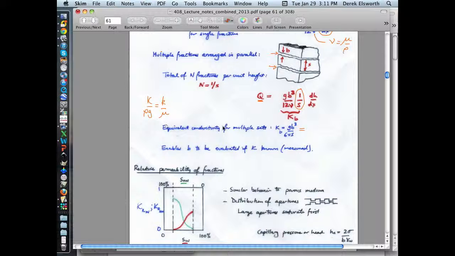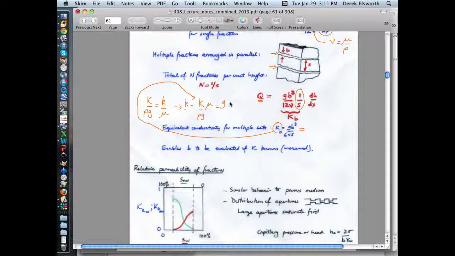So if we wanted to, we could take this value and relate it to a permeability, in which case permeability would be equal to what? Hydraulic conductivity, density, gravity, and viscosity.